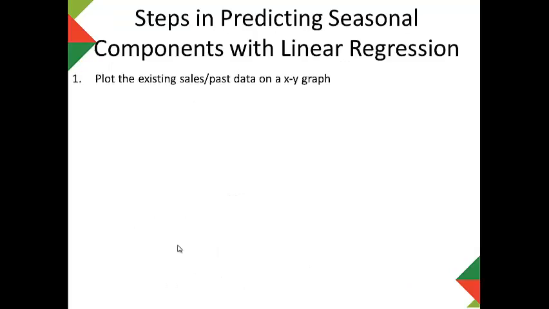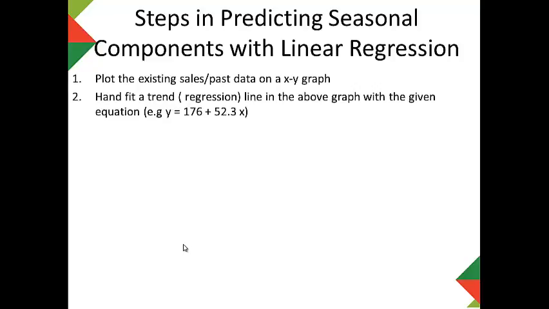The first step is simply to plot the existing sales and past data on an XY graph, which we have done with the roses and lily example as well. Once we have plotted the data on the XY graph, we need to fit a trend line and get an equation for it, which you could easily do on Excel.